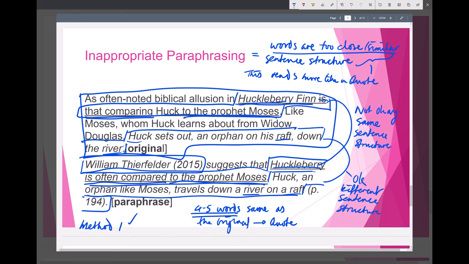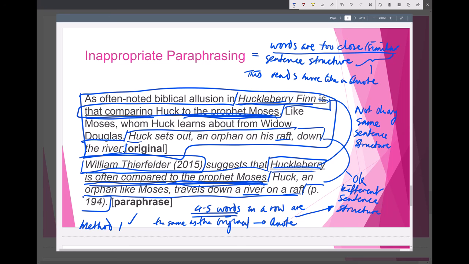You want to have a different sentence structure, so then the 4 to 5 words in a row, I should say, in a row are the same. When you have that, that's a quote. To the prophet Moses. That's like a quote right there.